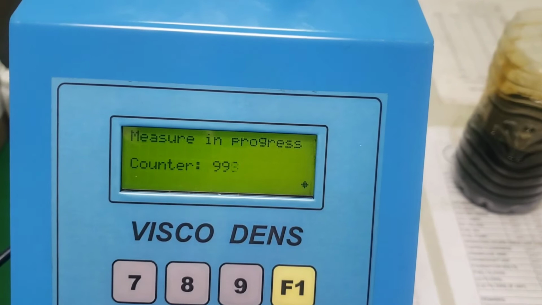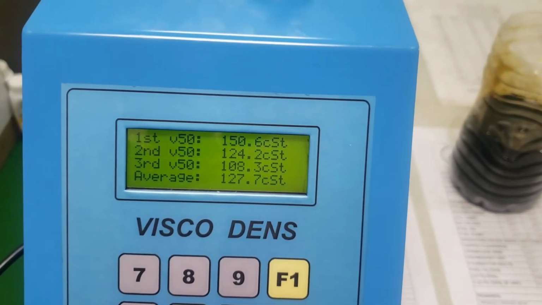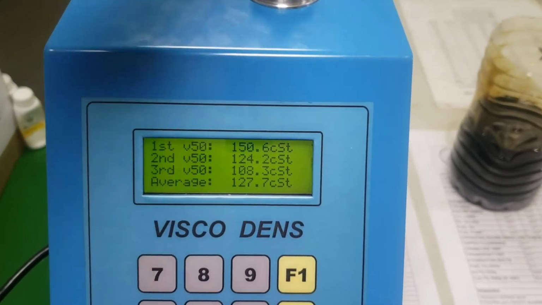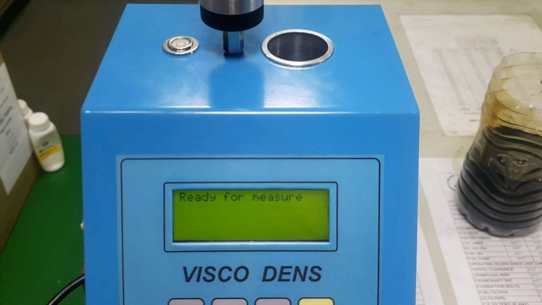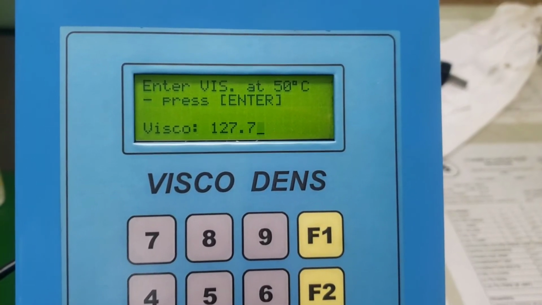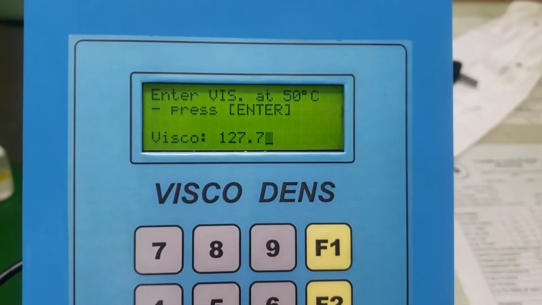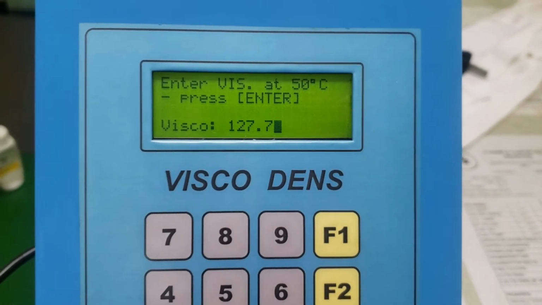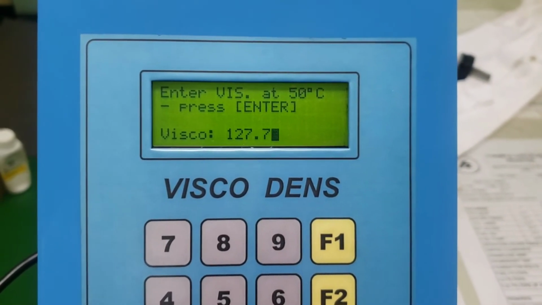This time, I am showing you how to use the Viscodense by determining the viscosity of our oil. So the result of our third attempt and the average of our viscosity is 127.